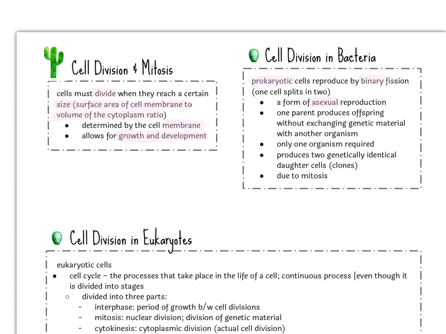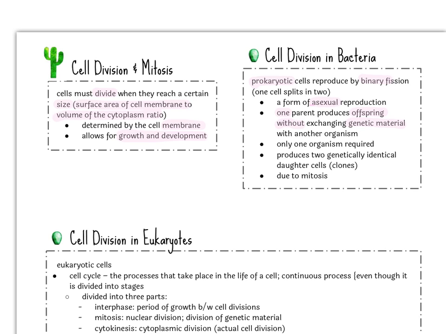So in asexual reproduction, only one parent produces offspring without exchanging genetic material with another organism. So asexual reproduction means without sex, so it happens with one parent having children, in air quotes, or producing offspring without any exchange of genetic material.